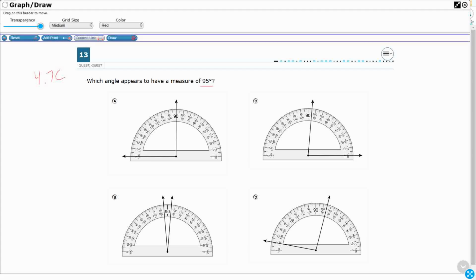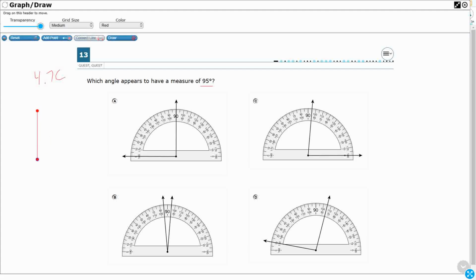Okay, so I'm going to use the connect line feature. And I'm going to draw this. We should know that this is a 90-degree angle or a right angle. Perpendicular, straight up, straight across. So when I've got 95 degrees, it's going to be very, very close to this. 95 degrees is going to be just a little bit bigger, so I might draw it like this if I could.